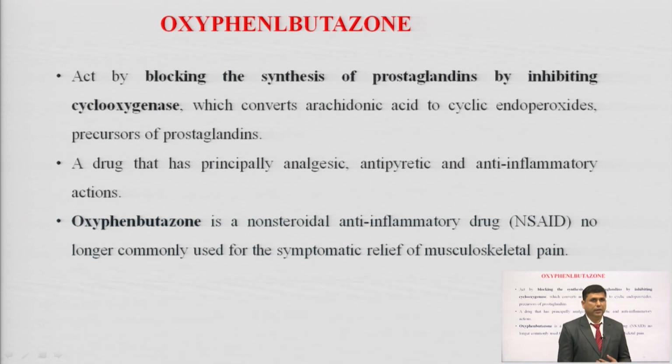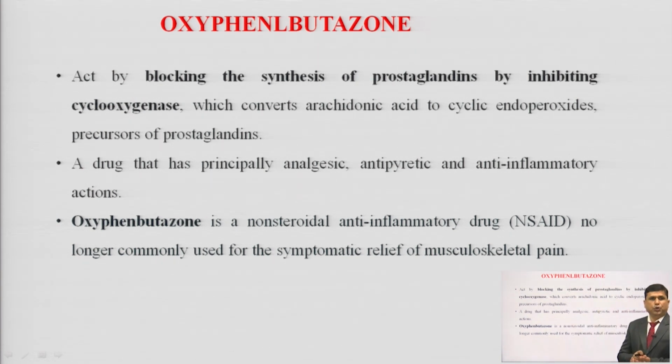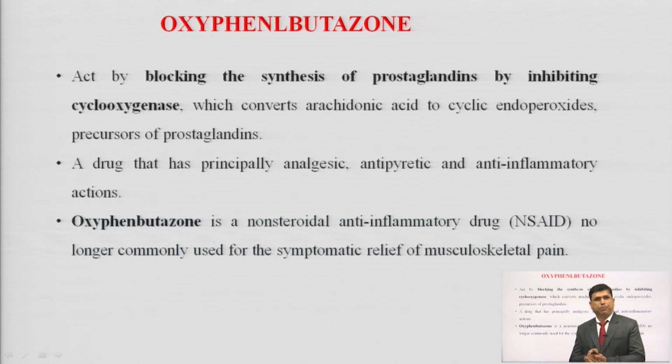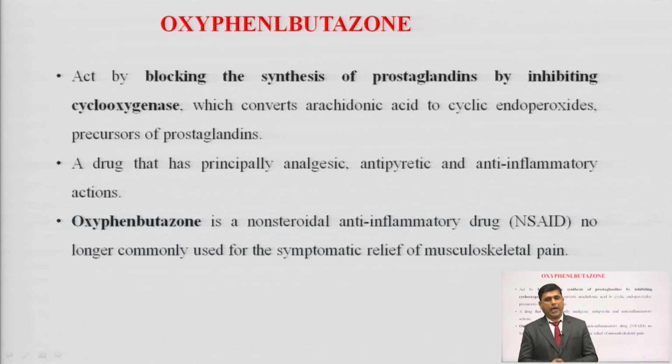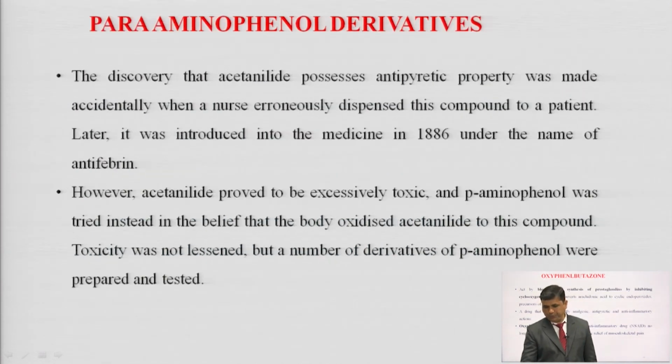So, finally, oxyphenbutazone lowers the level of prostaglandins by blocking the action of cyclooxygenase.